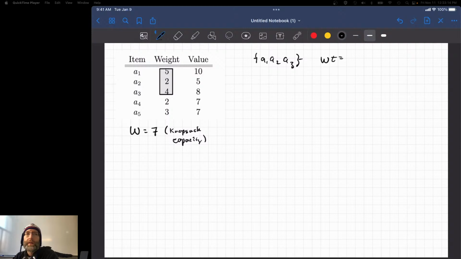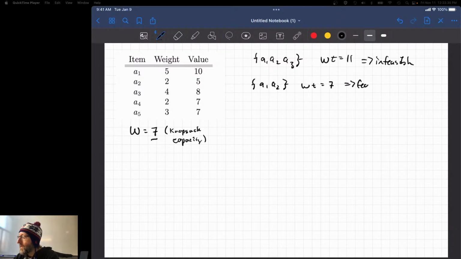That's going to be way too much, that's 11. And so it's infeasible because it violates your weight capacity. You can take A1 and A2, and that weight will be 7, which is feasible, but is that the best that you can do?